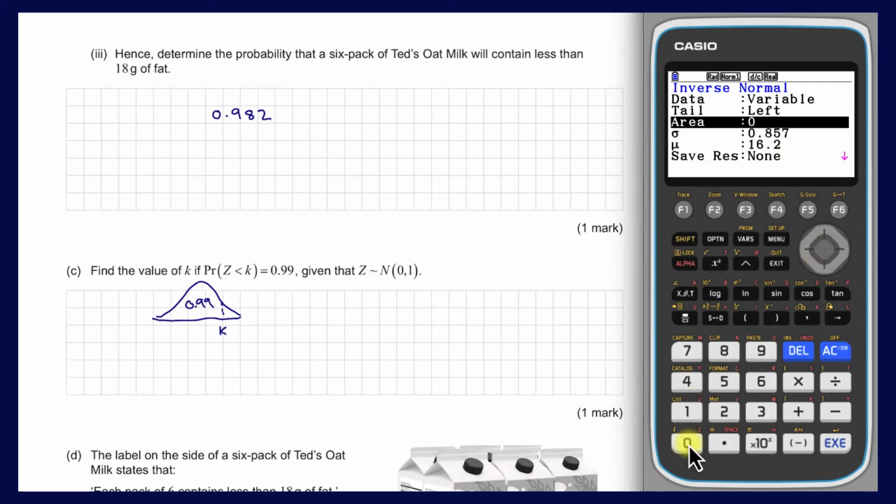We want the area to be 0.99, and the mean is 0, and the standard deviation is 1 for the standard normal. And so that z score would be k equals 2.326.